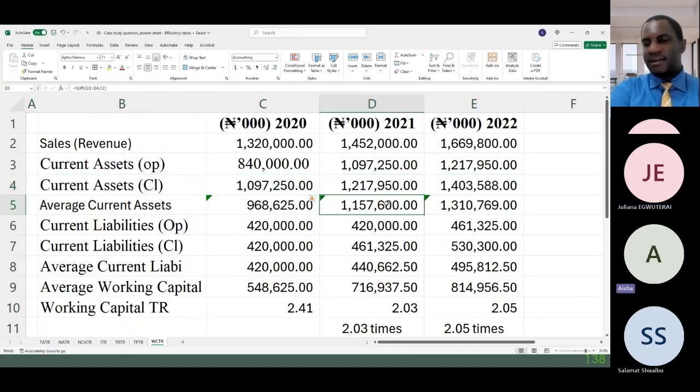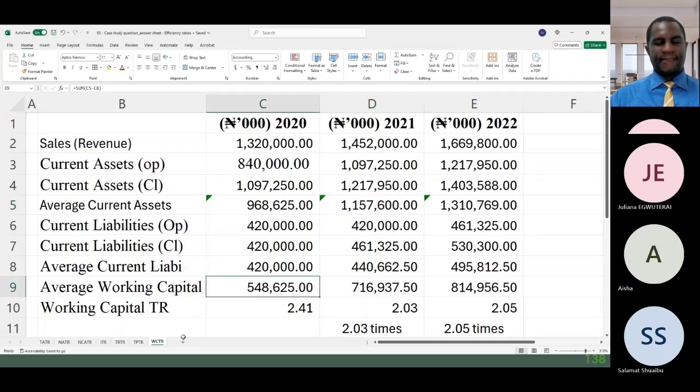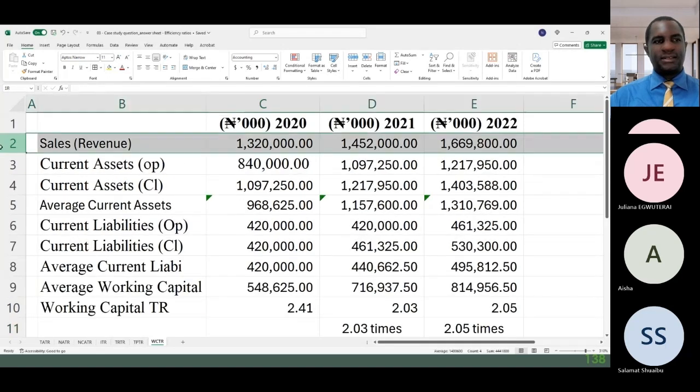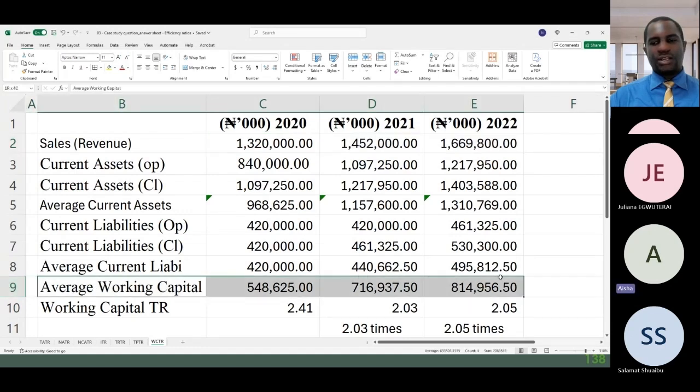Yes, please, Aisha, go ahead. How did you get the working capital for trade receivable? I've gotten up to the point of average working capital. So it's just the number of times now. Exactly. So the number of times will now be your sales revenue divided by average working capital.